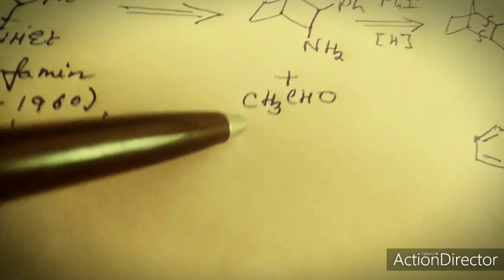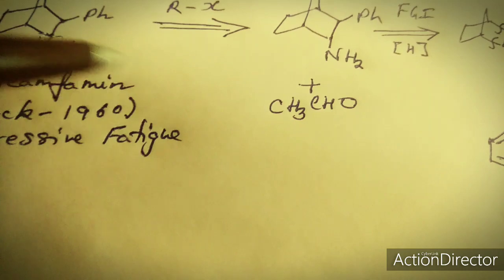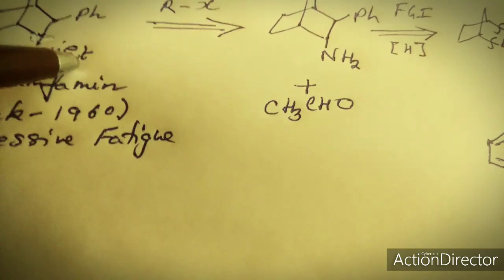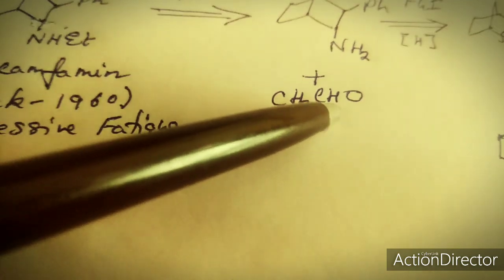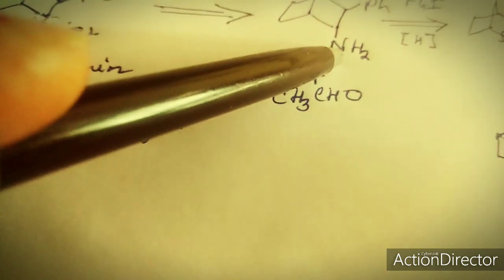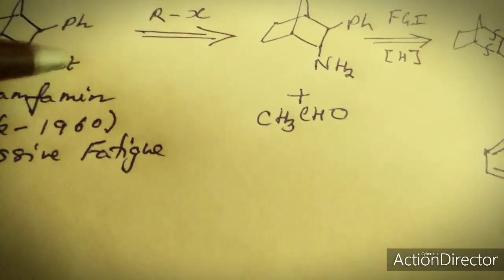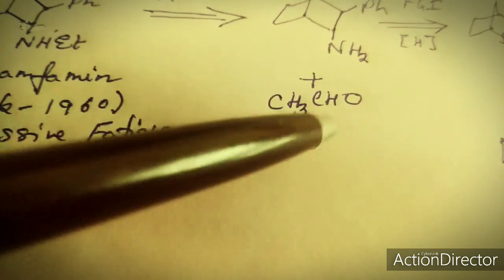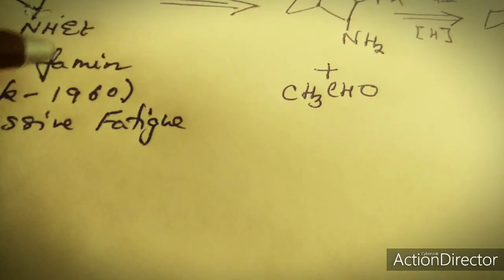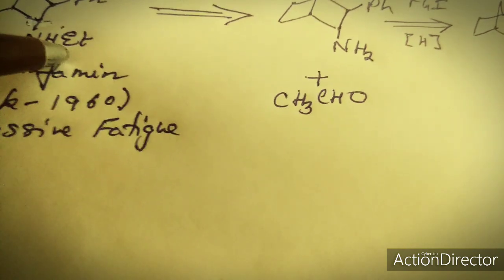Now the other part, rather than the CH2 we write CH3CHO, because we know that H2O on return, we are thinking of the back reaction, this will give us this imine, which on reduction will give us this amine.